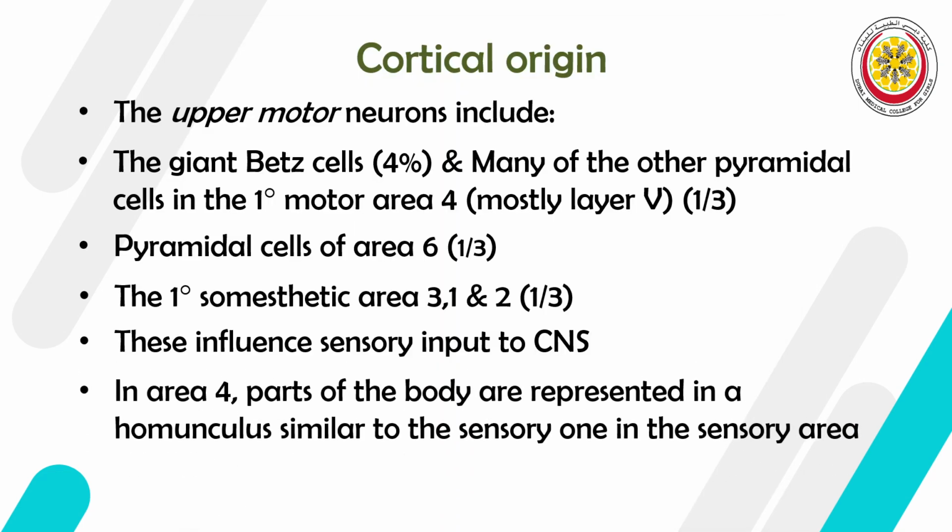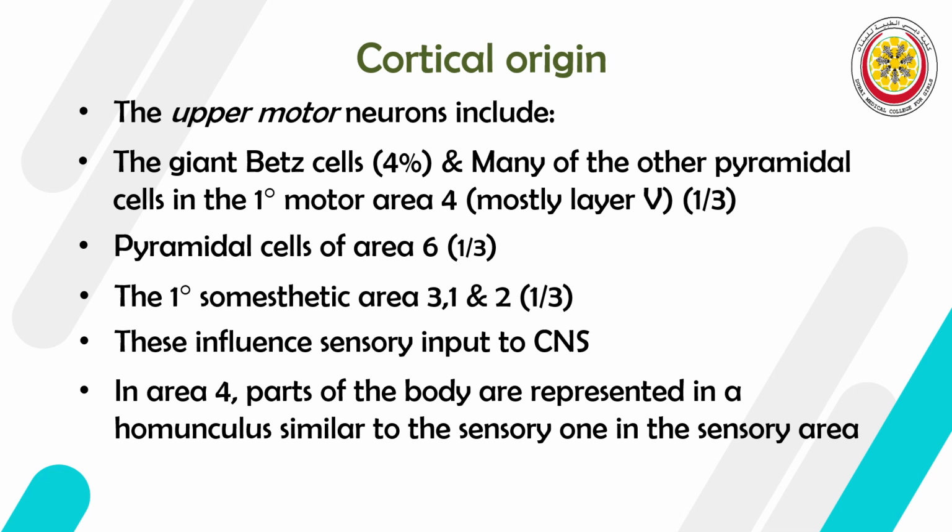Now, in area 4, the parts of the body are somatotopically represented. The somatotopic representation is fixed. The upper limb is on the lateral side, the lower limb on the medial side, the trunk is in the border between the medial and lateral, and so on.